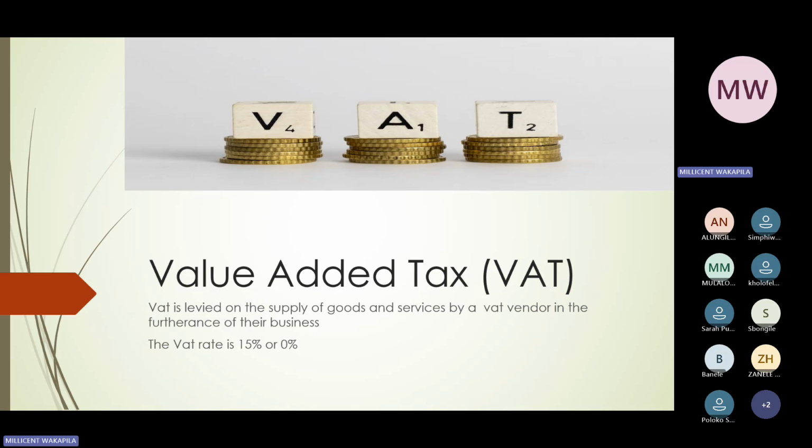Be it we're buying products from Shoprite, be it we're buying products from Pick n Pay, that is how we pay VAT, right? So basically everybody pays VAT. As long as you are able to buy bread, you are able to buy clothes, whatever you buy on a daily basis, even once a month, that sort of consumption that you do, if you look at your slip, there is a portion that says that you have paid VAT for whatever thing you bought, right?